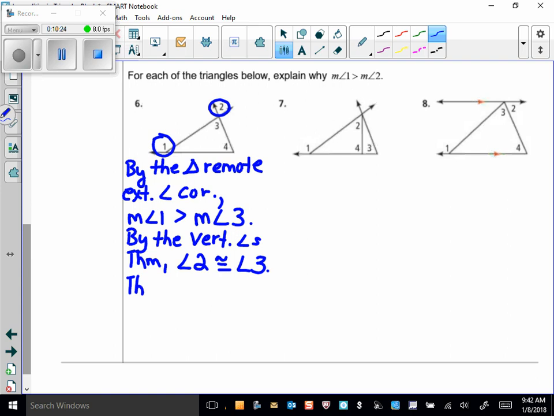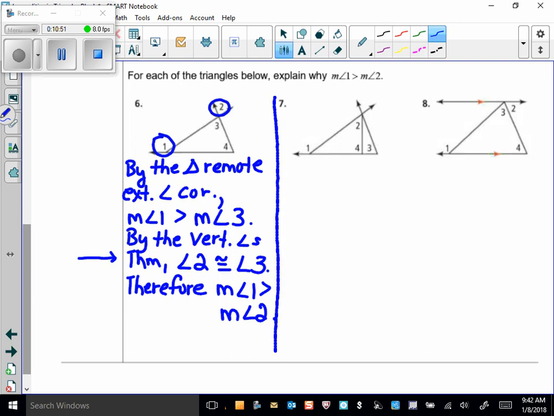Therefore, I know that the measure of angle 1 has to be greater than the measure of angle 2. Now, of course, if I were doing a proof, I would have to change this congruent statement to an equality, and I would have to use substitution, but luckily I'm not doing a proof, so that will suffice.